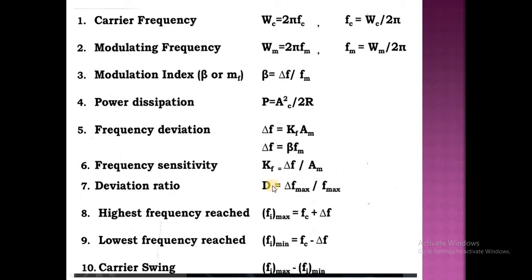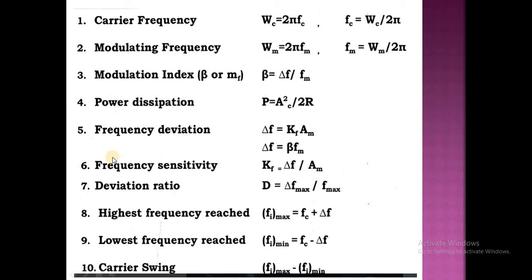Deviation ratio is denoted with D, that is delta f max by fm max. Highest frequency reached is fi max equal to fc plus delta f. Lowest frequency reached is fc minus delta f. Carrier swing is fi max minus fi minimum.